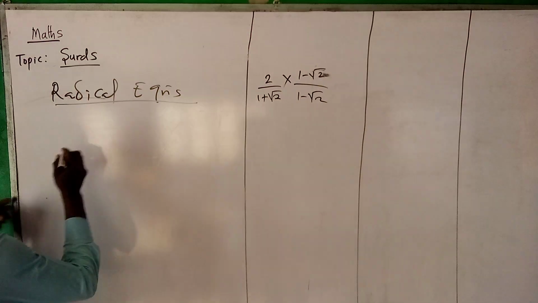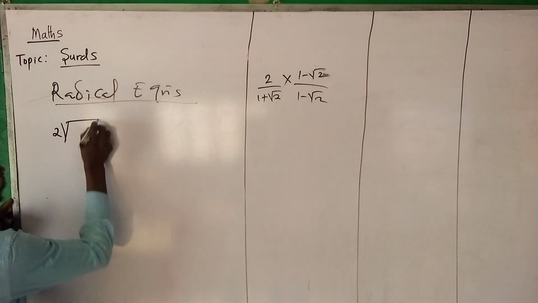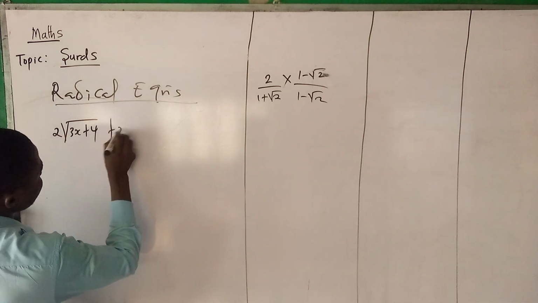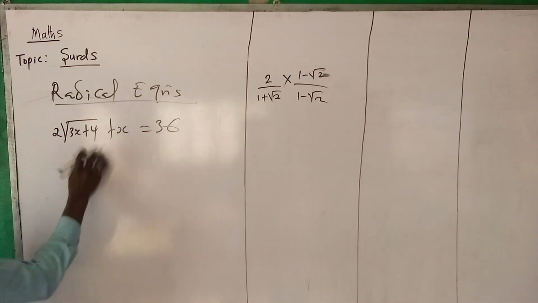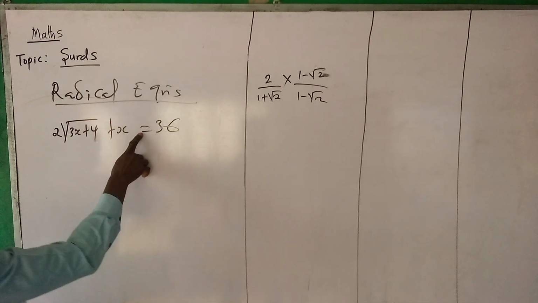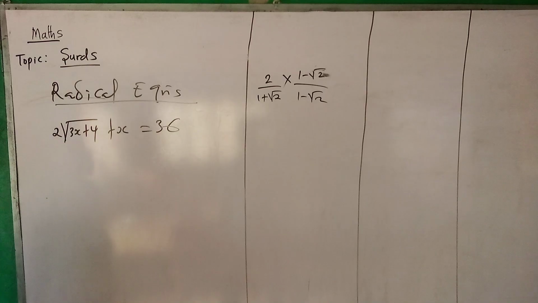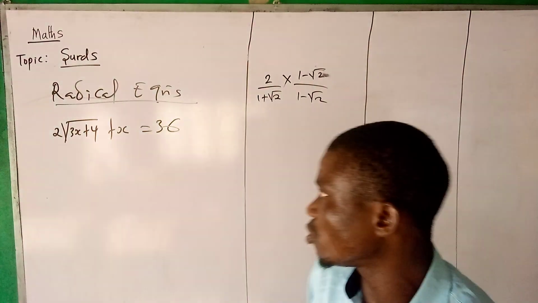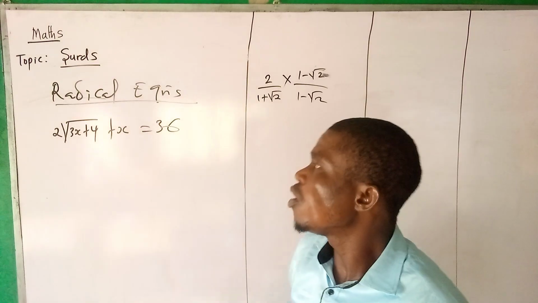For instance, something like 2 surd 3x plus 4, plus x, equal to 36. This is a radical equation. It has an equality sign, this is the surd, right? So WAEC or JAMB can give you questions concerning this.